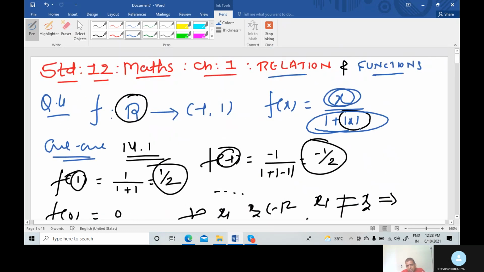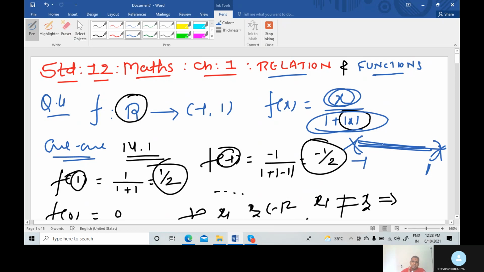The numerator is smaller than the denominator because the numerator is x and the denominator is 1 plus modulus x. So always the denominator is greater than the numerator. Right? So the answer is always smaller than 1 and greater than -1. You can put any value of x, but your answer is always between -1 and 1, not exactly 1 and not exactly -1.